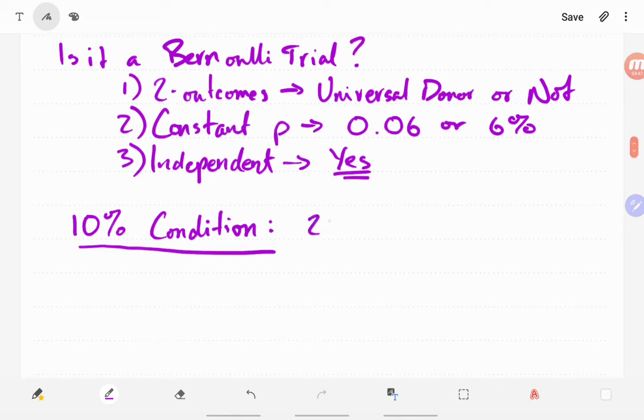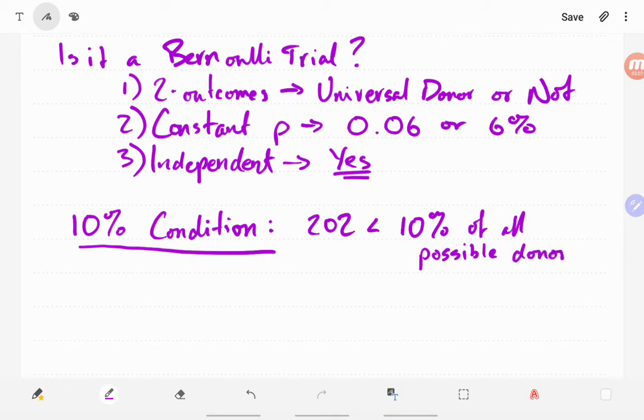In this case, it's 202. And we ask ourselves, is that less than 10% of all possible donors? Well, yeah, of course it is, because that's less than 10% of the population who are all possible donors.